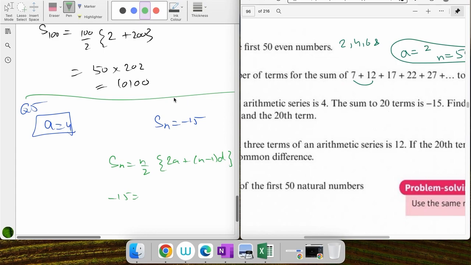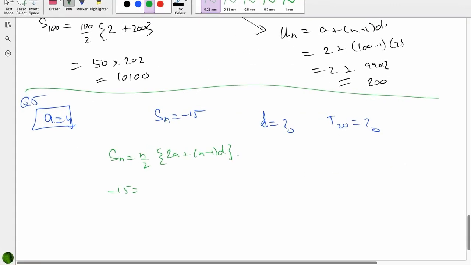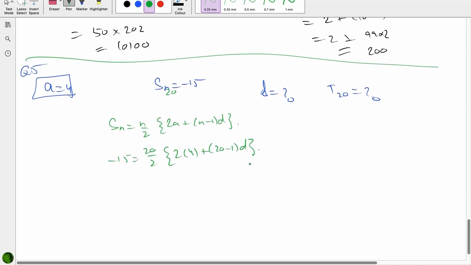And these were 20 terms. So this was 20. So 20 by 2 is equal to, 2 times a, a is 4, 20 minus 1 into d. And we keep on simplifying. This is 10. So negative 15 on the left hand side. And this is 2 times 4 is 8 plus 19d.